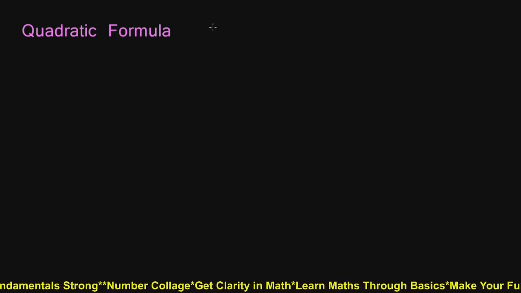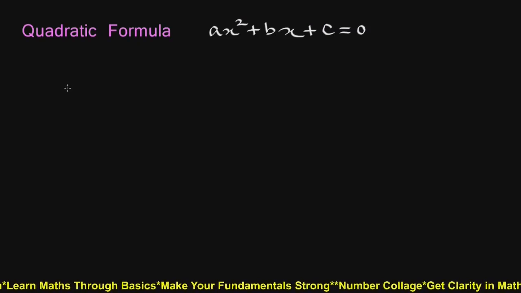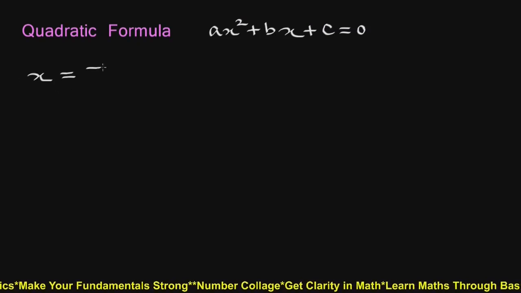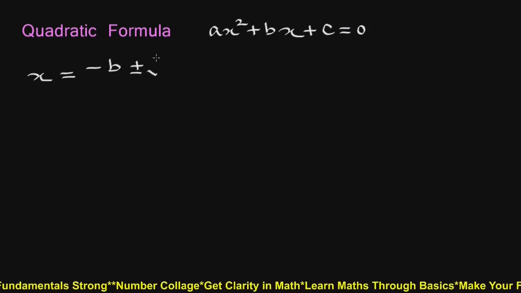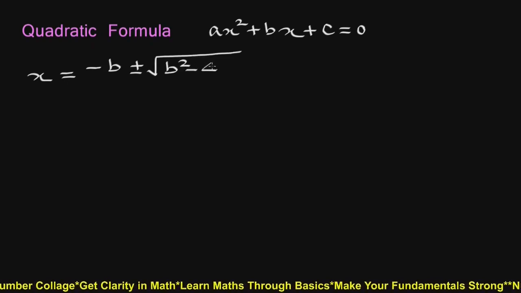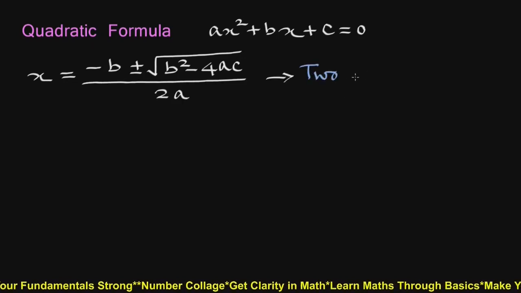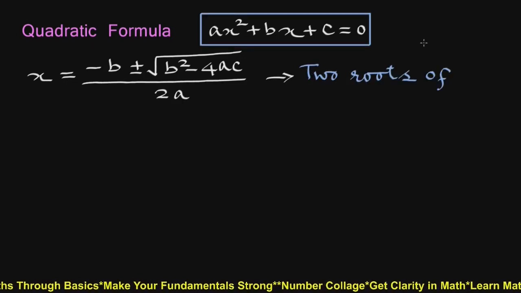For a standard quadratic equation, we have just derived the quadratic formula x equals minus b plus minus square root b square minus 4ac upon 2a, which gives us two roots of this quadratic equation.